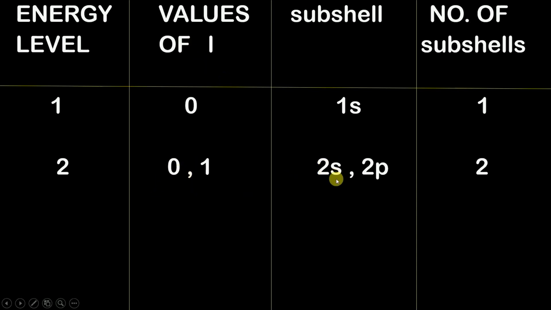And the value of L equal to 1 corresponds to P subshell. And since this S and P are present in the second energy level, therefore I have written as 2S and 2P. And since there are two different subshells present over here, therefore the number of subshells is equal to 2.